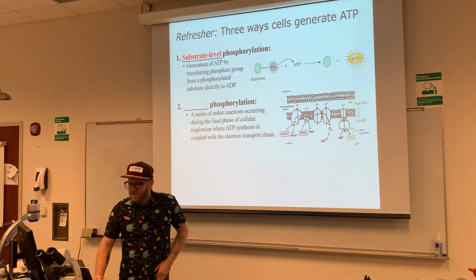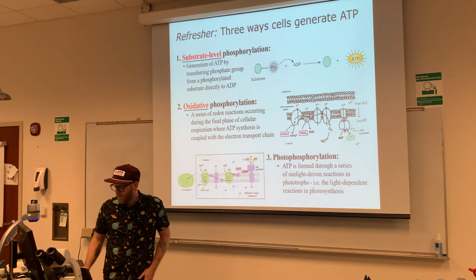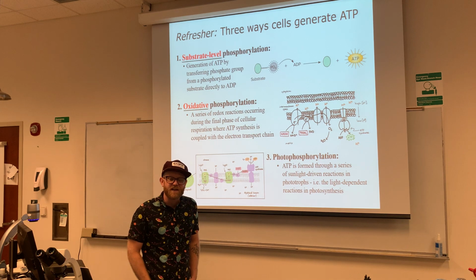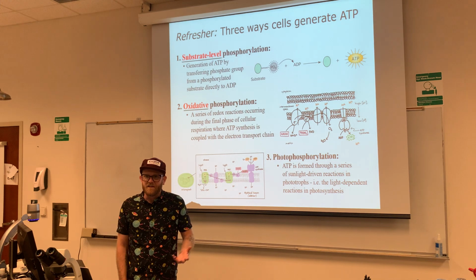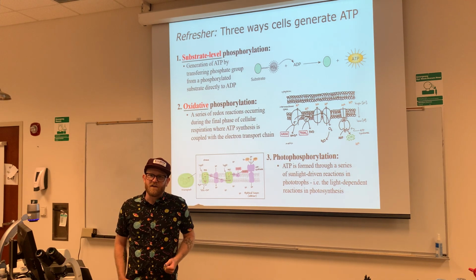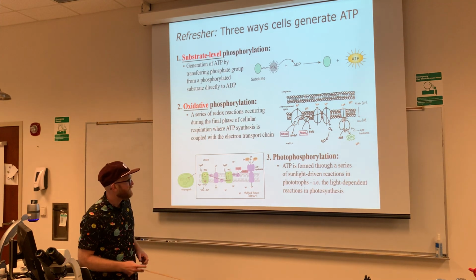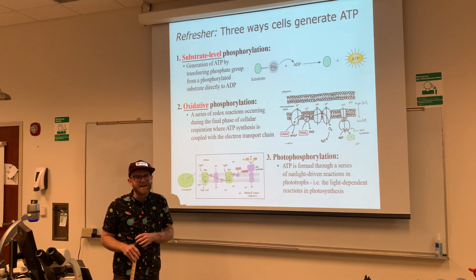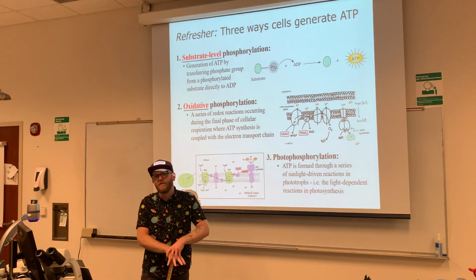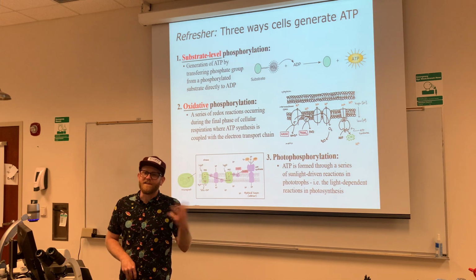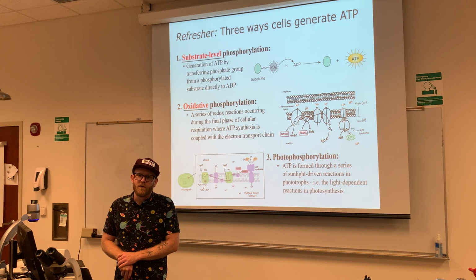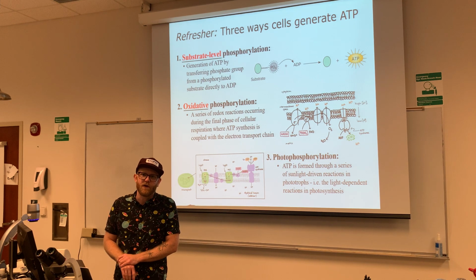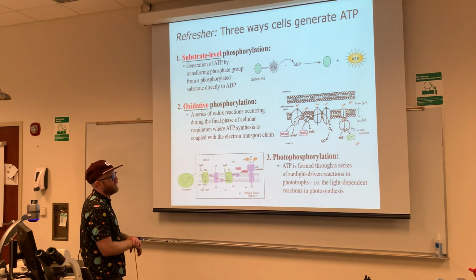And today we get to discuss the third way cells generate ATP, and that's via photophosphorylation, which in essence is an overview of the light reactions of photosynthesis. Okay? We're going to generate ATP through a series of sunlight-driven chemical reactions. We're going to take electrons from water, and we're going to give them to an electron carrier at the end of photophosphorylation.